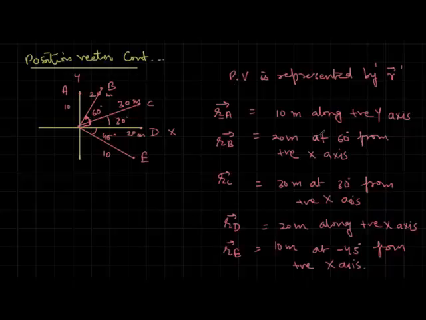So clearly, if the coordinate system was different, if the coordinate system was here, all these position vectors will be different now. So RA will become, instead of 10, probably 50 meter in some 75 degree from positive x-axis.